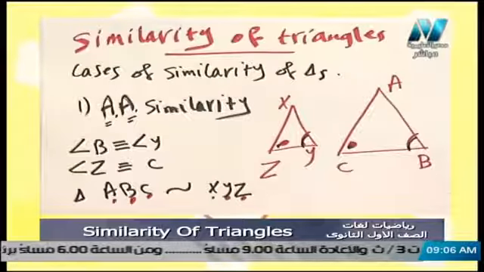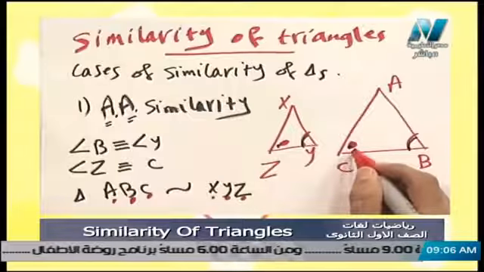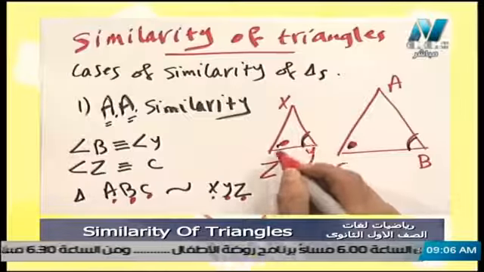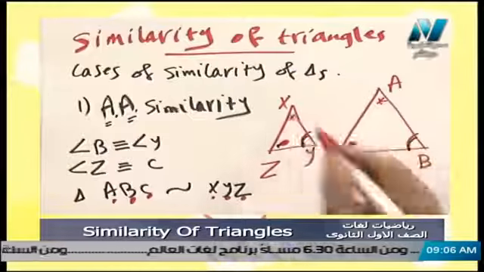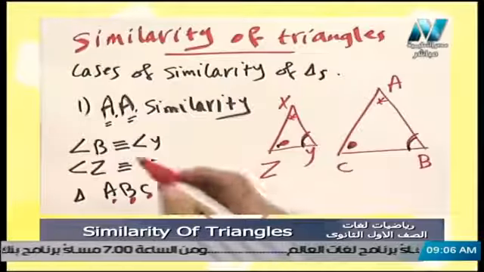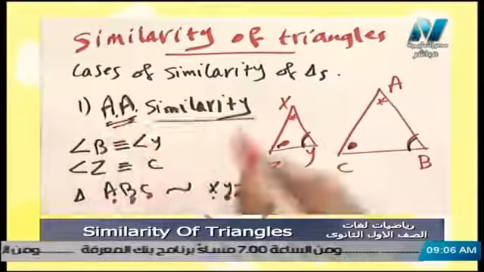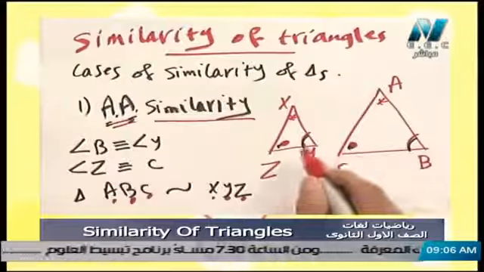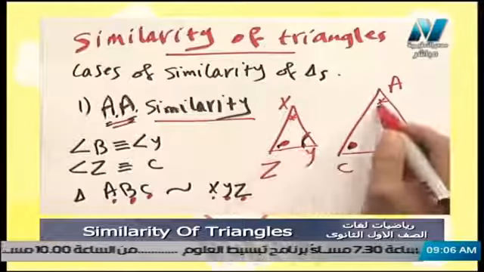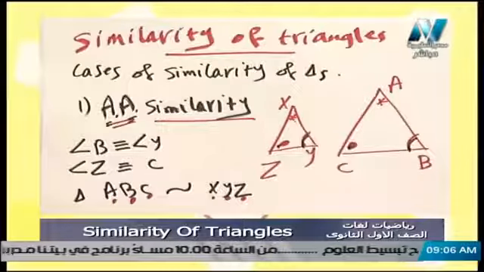And we know that if two angles of a triangle equal two angles of another triangle, then the third of course equals the third. So we say that for AA triangle similarity, it is enough to prove that two angles here equal two angles here, because the third angle equals the third angle.